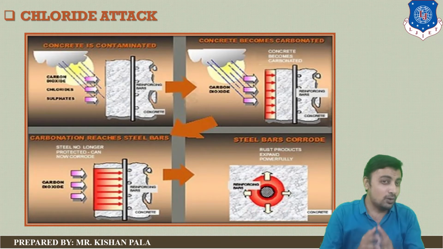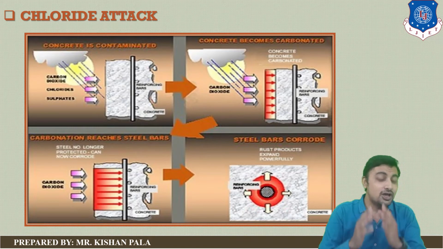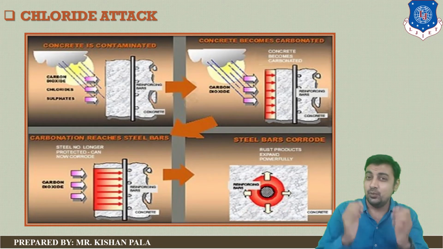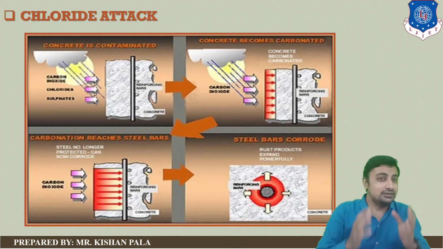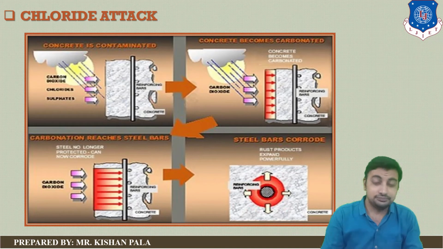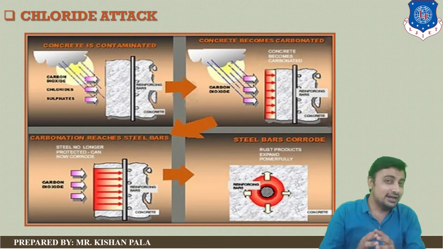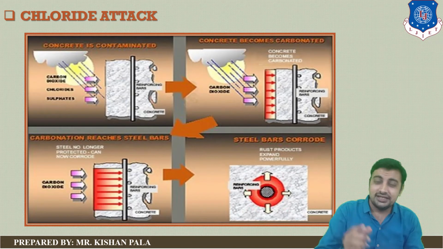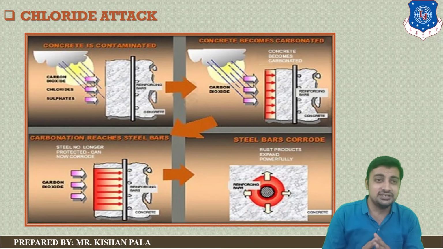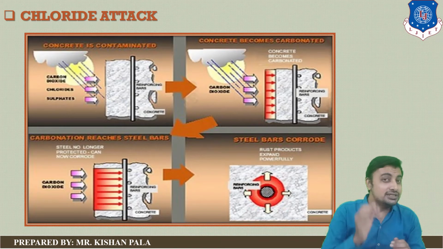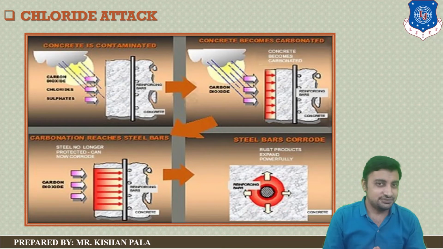The rate of corrosion depends upon the chloride ion concentration, and chloride levels of about 1% by weight of cement are high enough to accelerate the corrosion of concrete. For reinforced concrete, the chloride in aggregate should not exceed 0.05 percent by mass of total aggregate, and for pre-stressed concrete it should not exceed 0.01 percent.